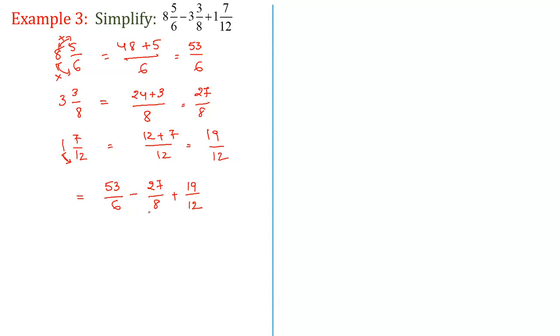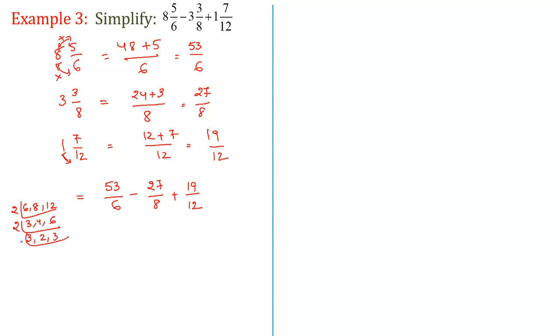Okay. So take the LCM of 6, 8 and 12, because 6, 8 and 12 have common factors. You can take the prime factorization method for this. 2 3s are 6, 2 4s are 8, 2 6s are 12. Next again 2 2s are 4, 2 3s are 6.